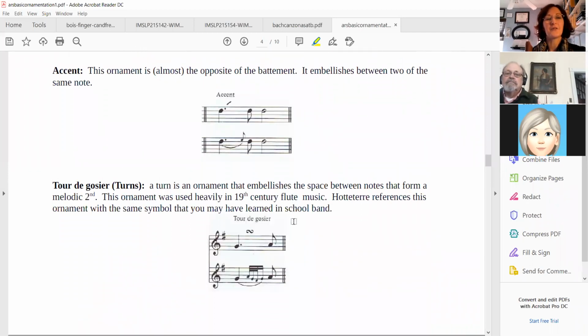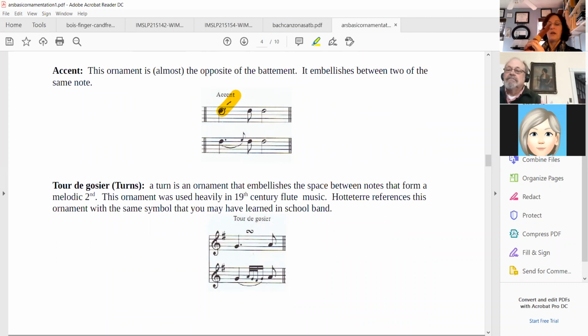The next essential grace is the accent. This one I don't see much outside of French music, but it's awfully fun. It is a little sideways slash in between repeated notes. So you'll see that all of these notes are repeated.